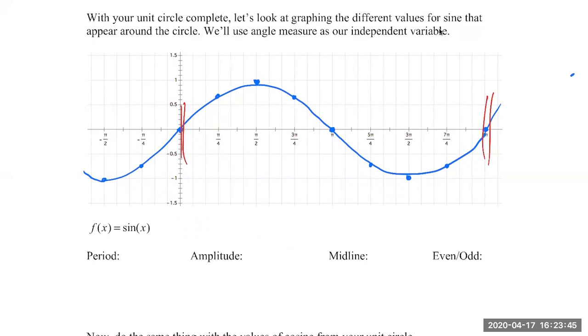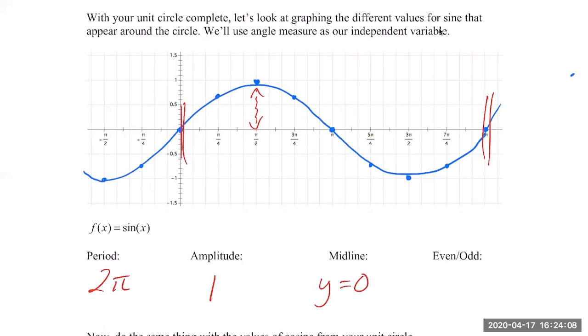So that looks like a period of 2 pi. The amplitude of this function, that is the height that it rises above the midline, is 1. And the midline itself is happening at y equals 0.